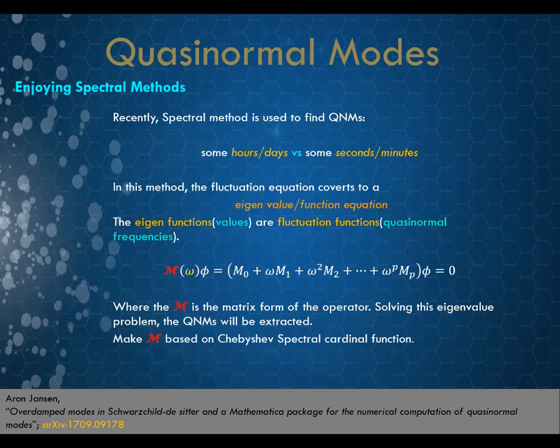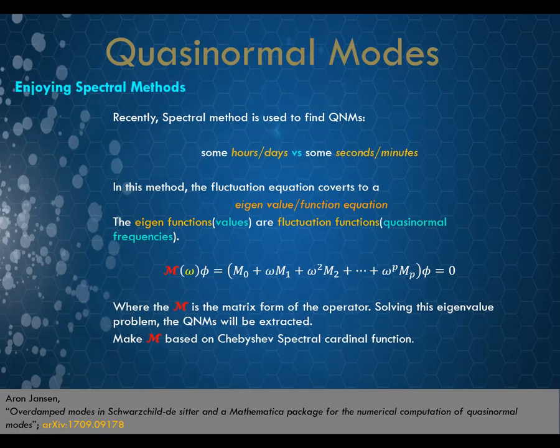In this form, for example, if you have omega squared in your fluctuation equation, you have to double the grid size. For example, if your grid size has n points, you have to convert to 2n points, and find the eigenvalue in this manner.